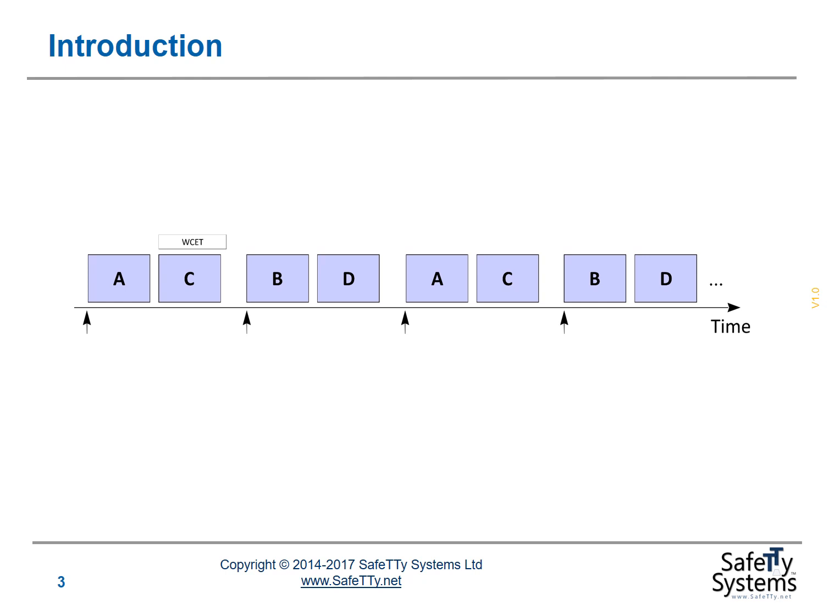Let's consider an example. Suppose we have this task set running. Task C, as indicated, has a worst-case execution time shown in the white box above task C. Suppose the system runs, and we have carefully determined the worst-case execution time of task C. We've measured it correctly, and we're confident that we've recorded that worst-case execution time correctly.